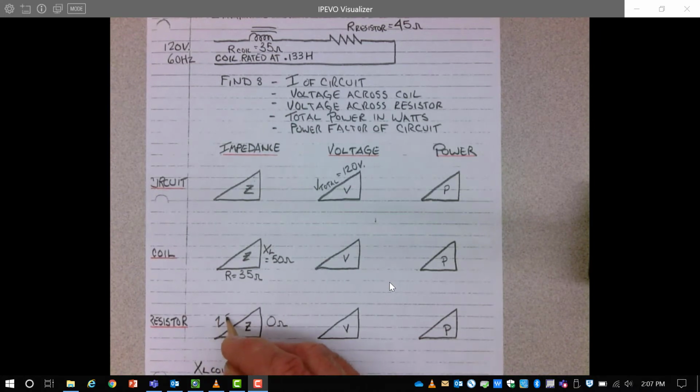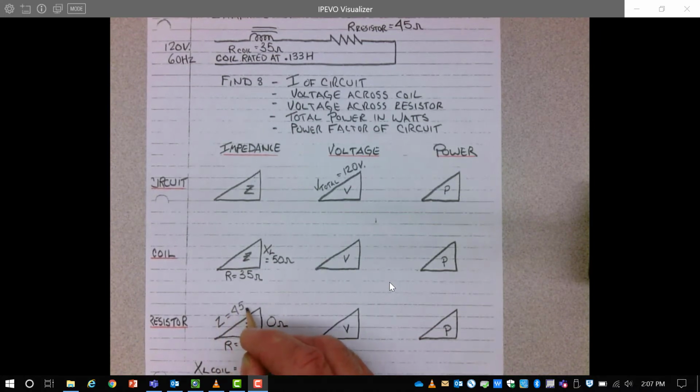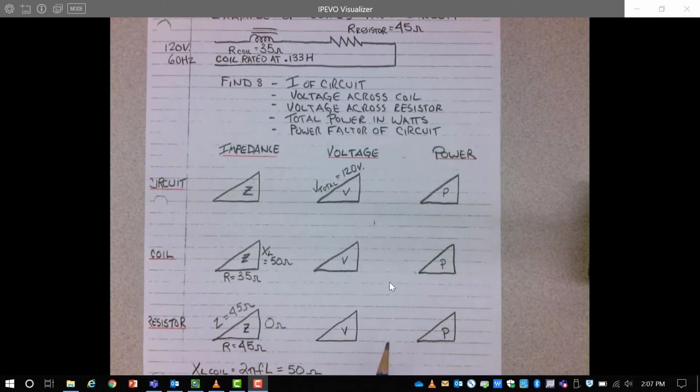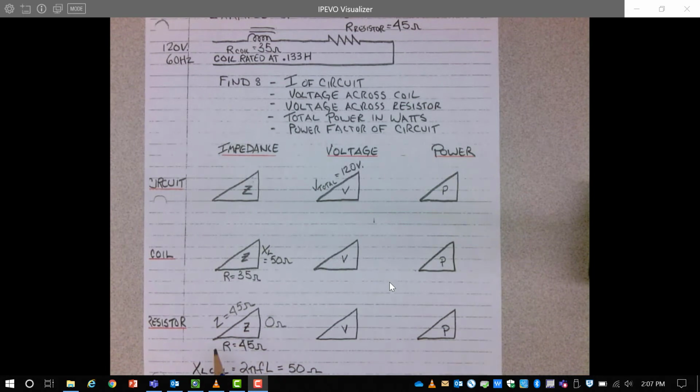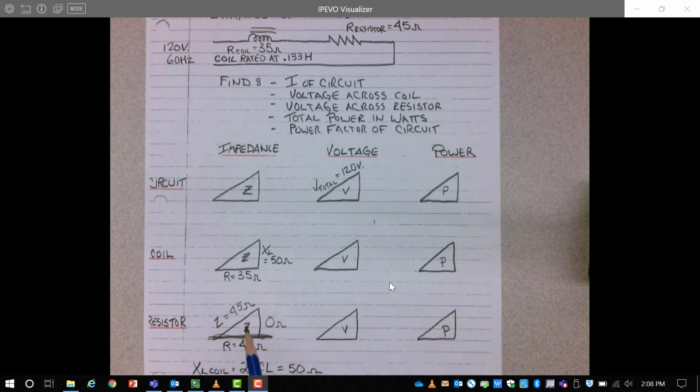The Z is going to be 45 ohms. And a resistor typically is just a horizontal line because there is no reactive part in a resistor, and the impedance and the total resistance are the same value on a horizontal. And so a resistor is always represented by just a straight horizontal line.